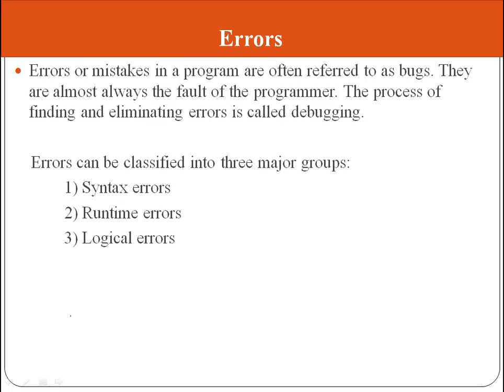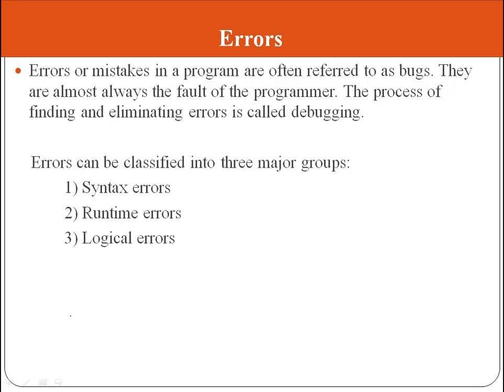So starting with exceptions, we are aware of the term error, right? In our daily life, we also make errors or mistakes. Similarly, when you are programming, if you are starting your programming career, or even if you are an expert, sometimes you may make mistakes while writing the program.